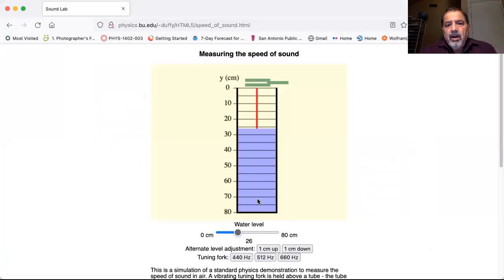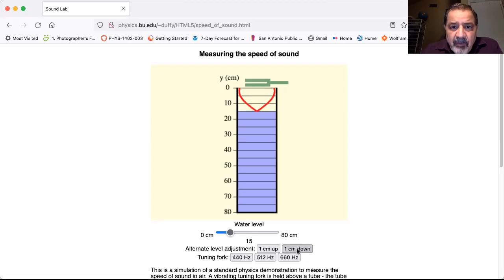Okay, so our key here is to look for the first resonance, and what we want to do is maximize the waveform.